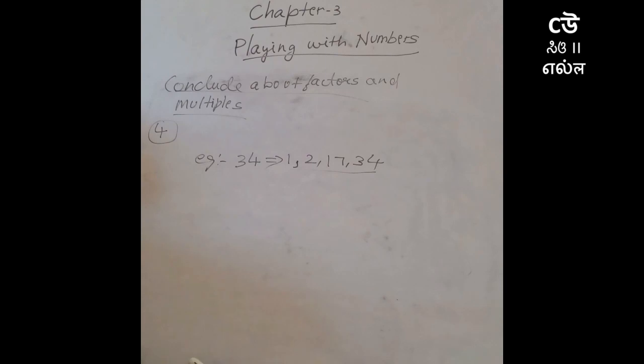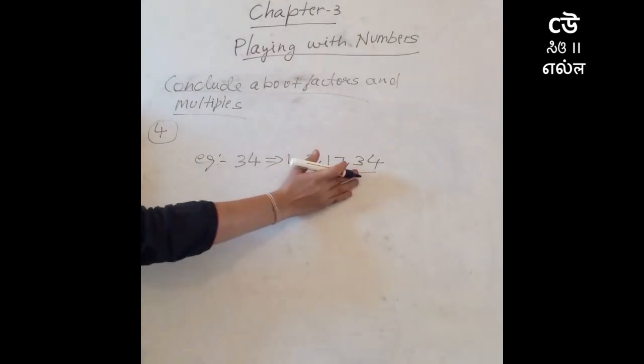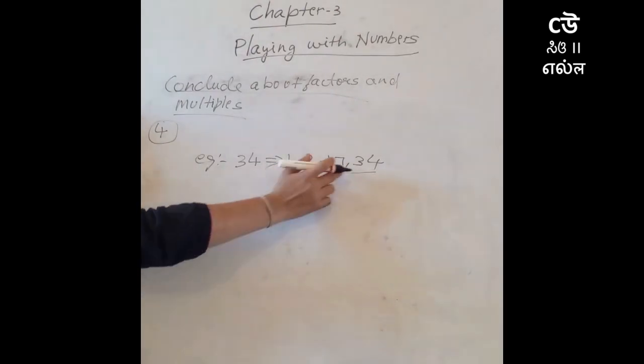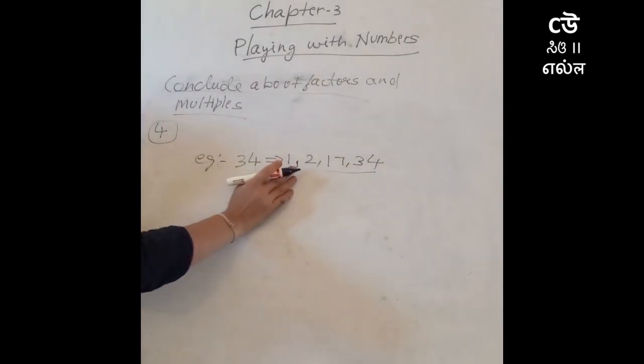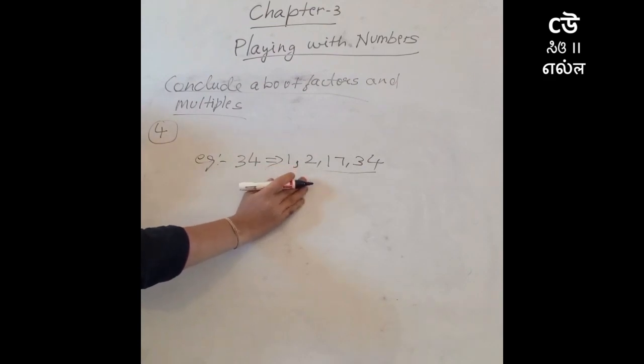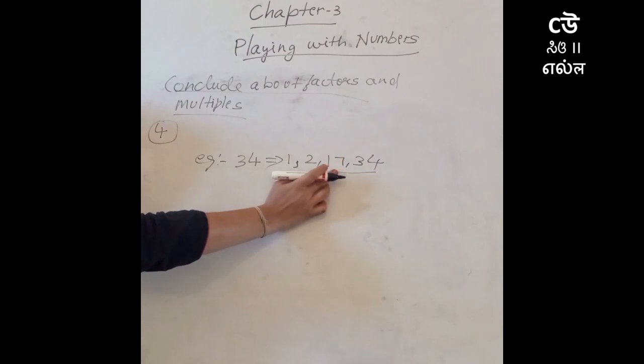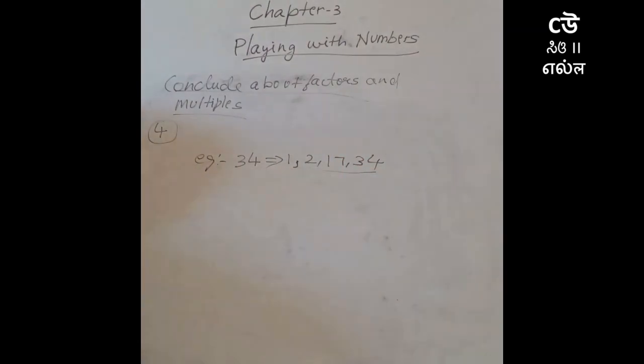We have the factors of 34, that is 1, 2, 17, 34. Are those numbers less than 34 or greater than 34? Those numbers are less than 34, because 1 is less than 34, 2 is also less, 17 is also less, 34 is equal.